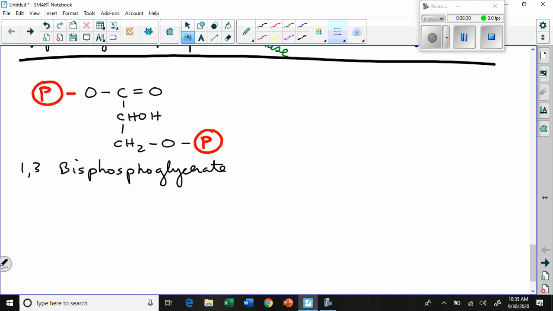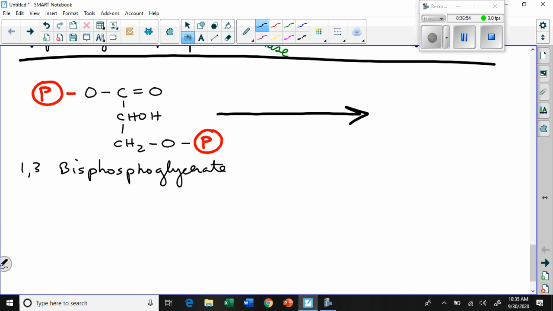Okay, now something interesting is going to happen. In this reaction, one of those phosphates that's been added is now going to be removed, and it's going to be added to an ADP molecule. And we're going to remake one of the ATPs. And remember that everything is happening twice, right?